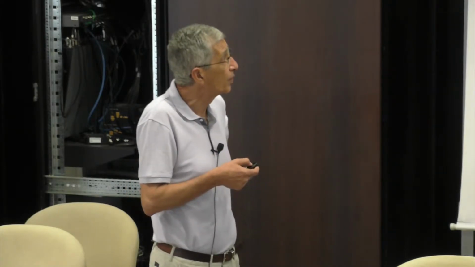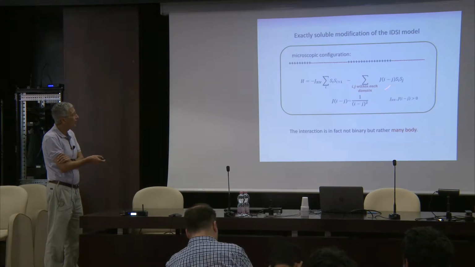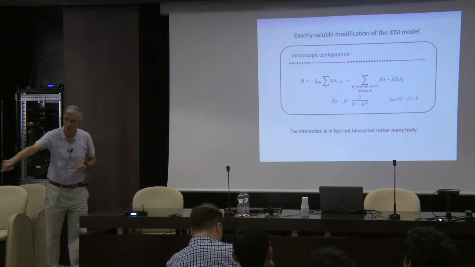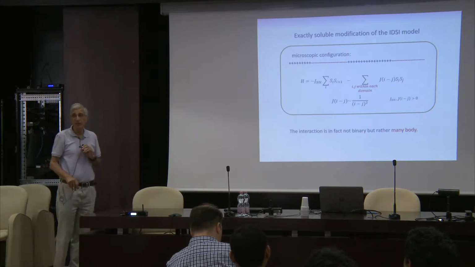It's an exactly soluble model, and it puts things in perspective of when you expect to have a power law divergence of the correlation length or exponential, etc. So the model is very simple. It's a little modification of the model I just described. It's an Ising model in one dimension with 1 over r squared interaction decay, except that it's truncated.